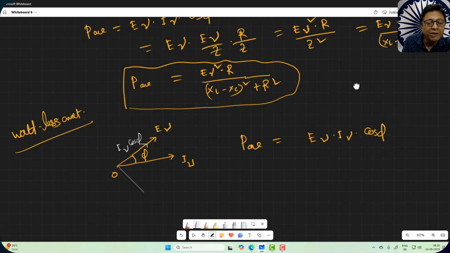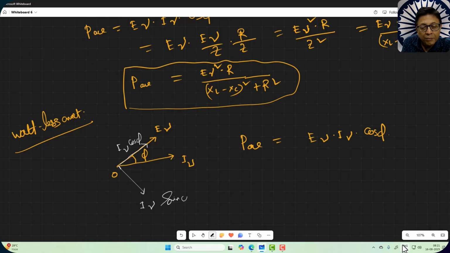We resolve it perpendicular to E nu, that is I nu sin phi. These are the two components of I nu we have resolved, along E nu and perpendicular to E nu. This part is made mathematical.